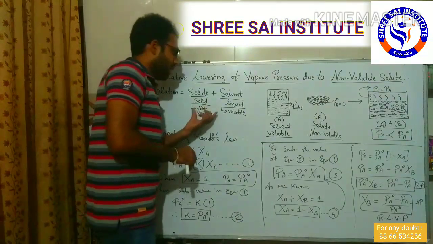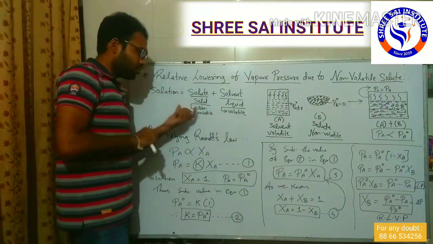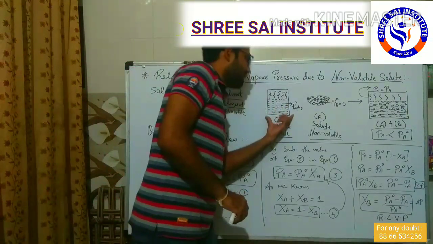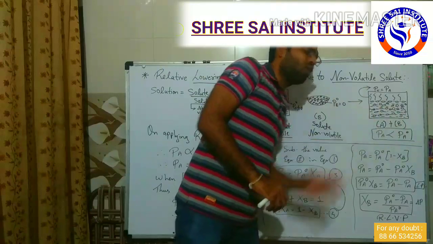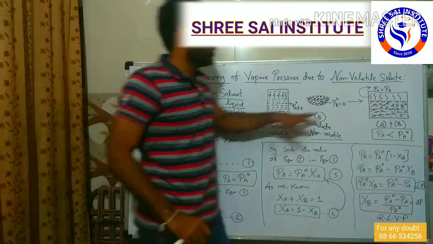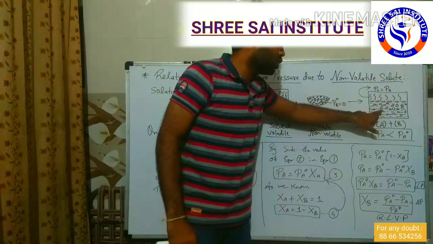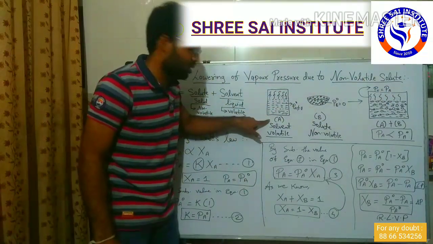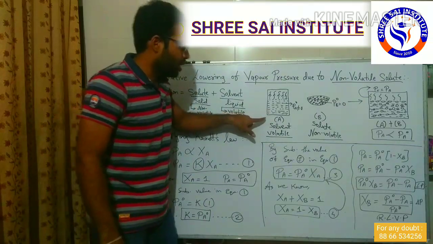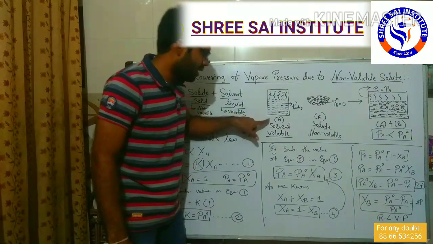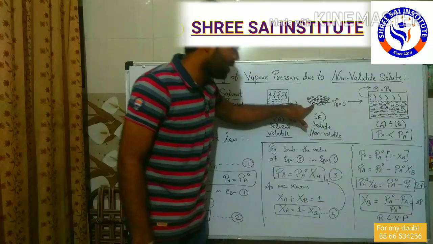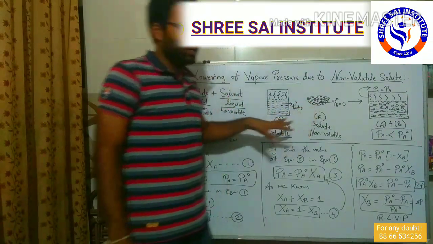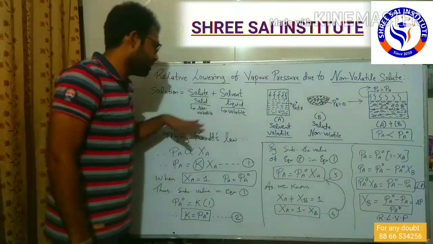So according to that statement, when we add two components, A and B, to make a solution, the total vapor pressure of the solution is due only to the volatile component, which is A. Here the volatile component A is the solvent, and the non-volatile component B is the solute.